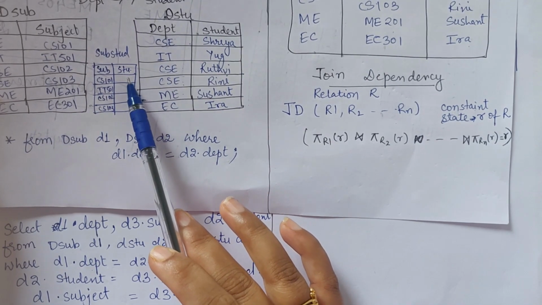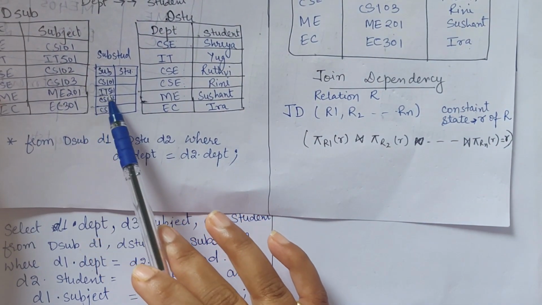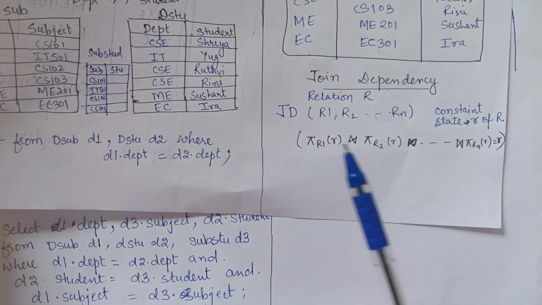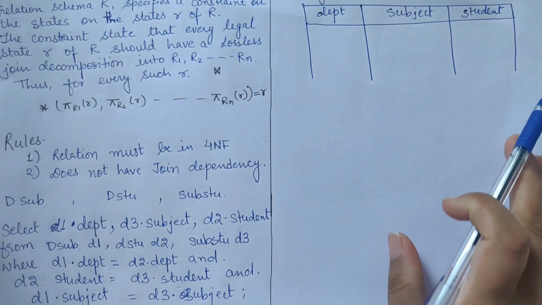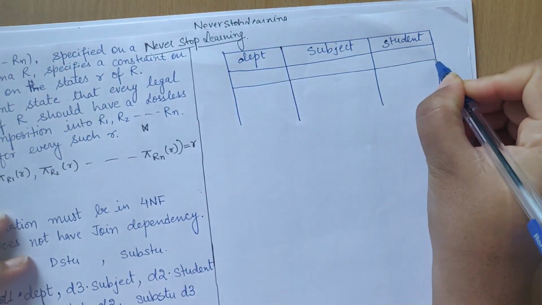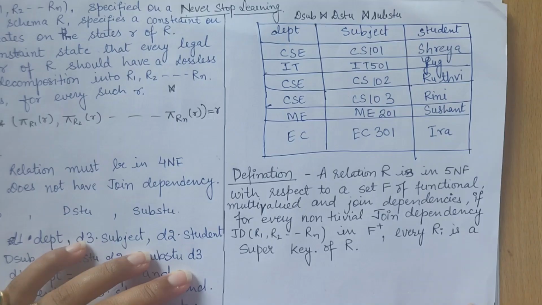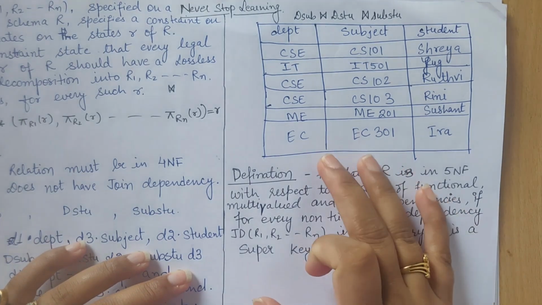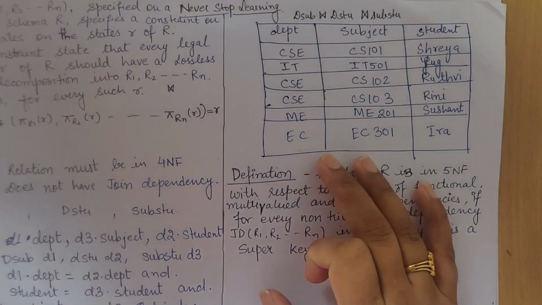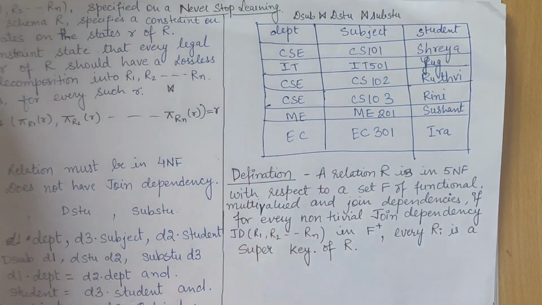So only this Shreya will come, because for others the subject will not get matched. So those redundant tuples will not come. So finally I will get here all the tuples like this. So here we have the resultant table, and as you can see the 3 tables we have joined.